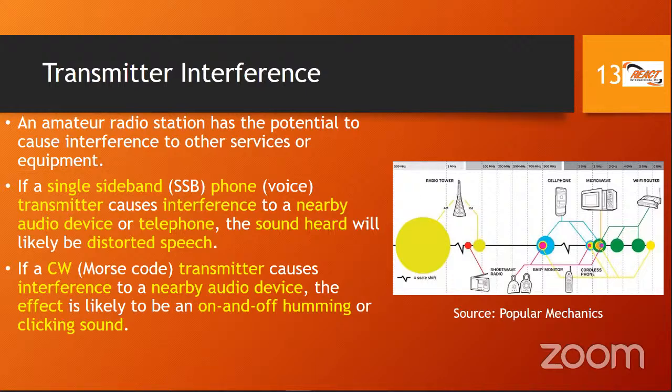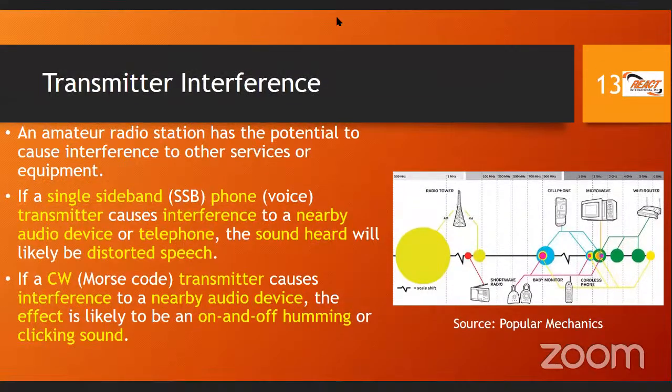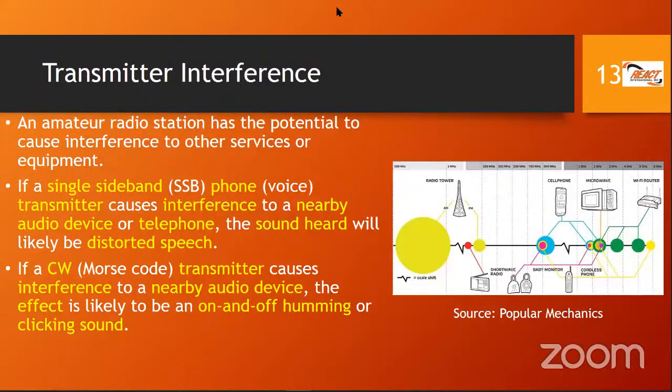And part of the training, part of what we need to know as amateur radio operators, is how do we minimize, how do we reduce, how do we remove completely that interference, because we may be interfering with someone's cordless telephone, or we may be interfering with a television set, or something else when we are talking on our transmitter, or when we are using CW, sending Morse code, and next thing we're interfering with someone who's looking at their favorite television station, or radio, or they're talking on the telephone.